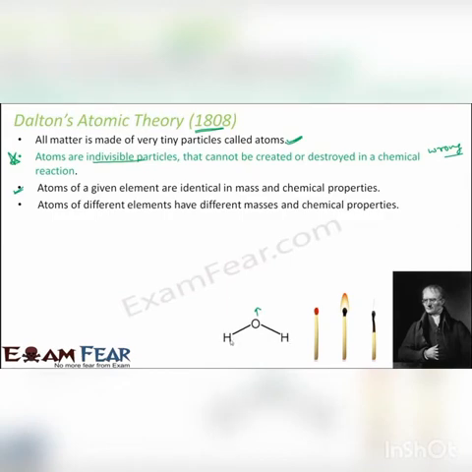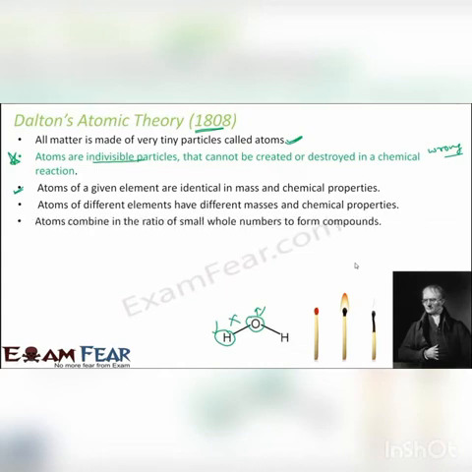So that means two different atoms can never have the same atomic mass, right? Chemical properties, I can say to some extent they may match a little bit, but the mass of two different atoms will not be the same. In fact, that is the differentiating factor for different atoms. They have different mass, right?